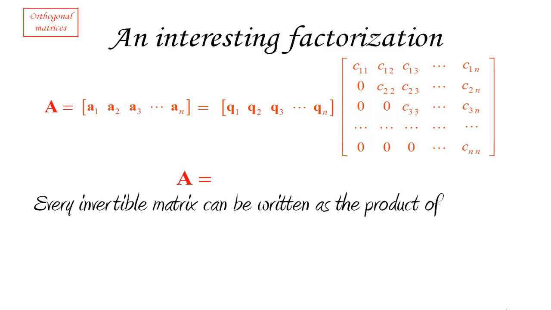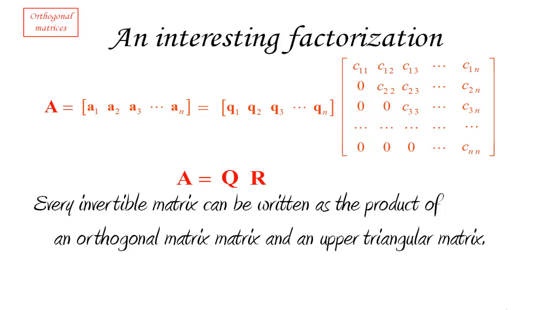We have achieved the fact that every invertible matrix A can be written as the product of an orthogonal matrix Q, namely the one obtained from it by using the Gram-Schmidt process plus normalization, and an upper triangular matrix. Notice that the matrix on the right hand side is an upper triangular matrix. This is traditionally denoted by the letter R, where R stands for right, because we're multiplying this matrix on the right hand side of Q.